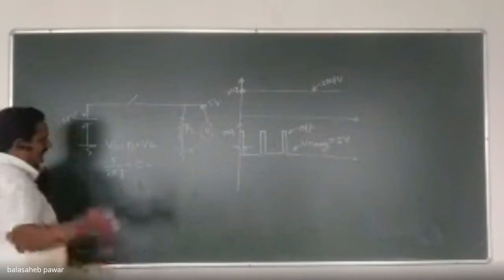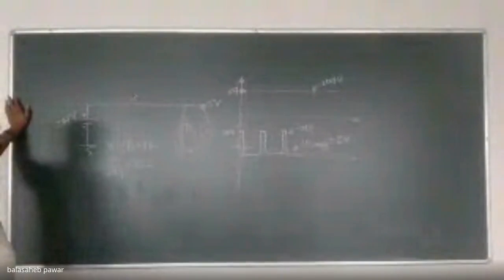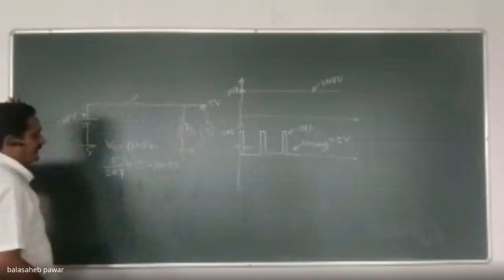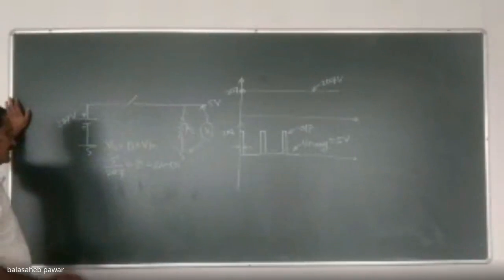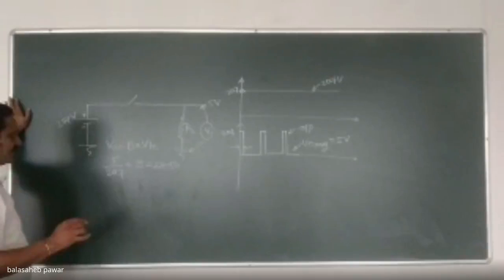You might have calculated it last time also. Just let me know how much is the duty cycle. Then you will get clear now. 24.15. 24.50, na? Is it okay? Are you determining percentage?